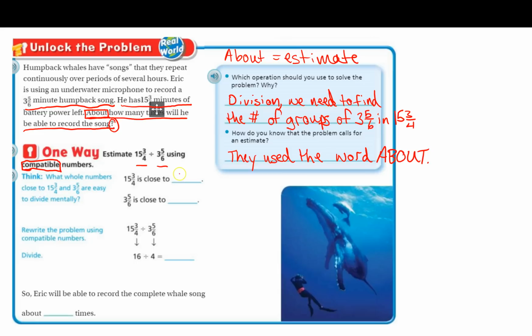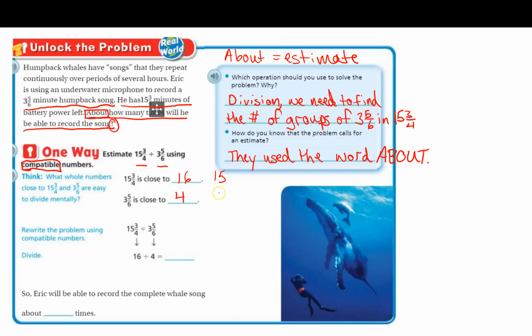So I'm going to say it's about 16. Now, let's just assume, for argument's sake, that we said it was about 15, and we'll see how it works in our estimating. Okay. And 3 5/6 is closer to 4 than it is to 3.